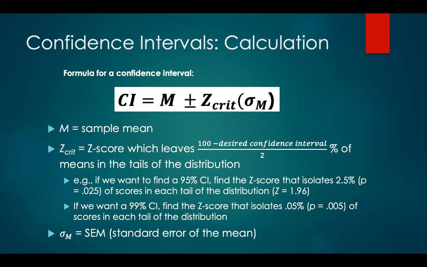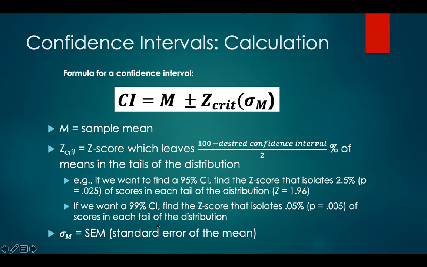But for example, if we want to find a 95% confidence interval, we need to find the z-score that isolates 2.5%, or p equals 0.025, of scores in each tail of the distribution. So we already know this z-value, which is 1.96. So for z critical here, for a 95% confidence interval, we're going to use z equals 1.96.